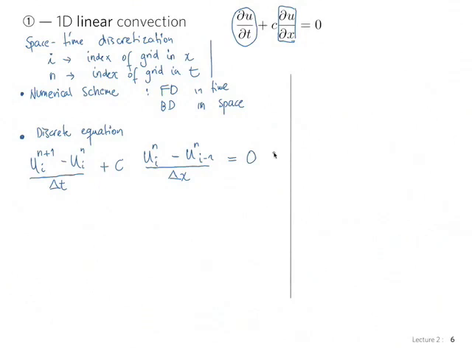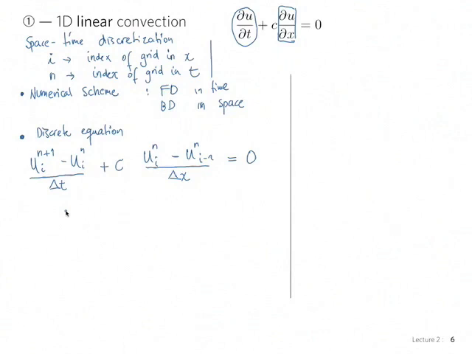So now we notice that if we have an initial condition given to us, so we have this arbitrary profile that I said before was available to us at time equal to 0, then we can have that value known. If n is equal to 0, we have all of these values known, and we can get the next time step n plus 1.